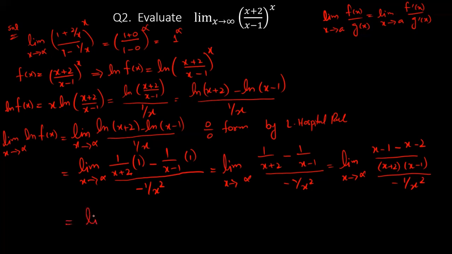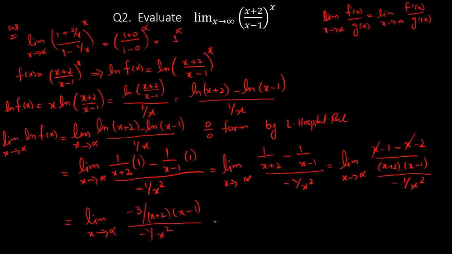So limit x approaches infinity, and we are left with minus 3 by x plus 2 into x minus 1, divided by minus 1 by x square.